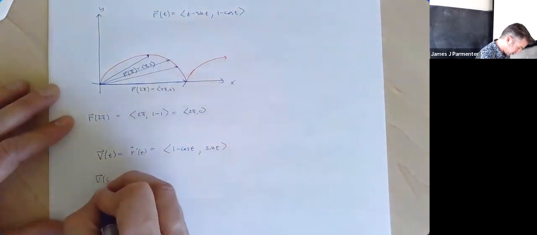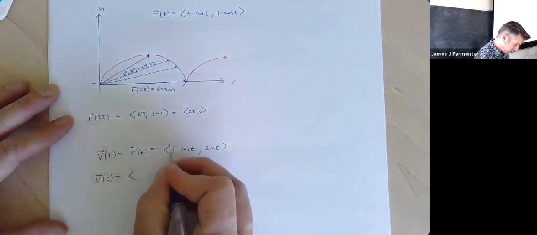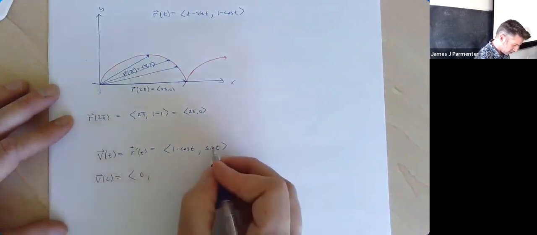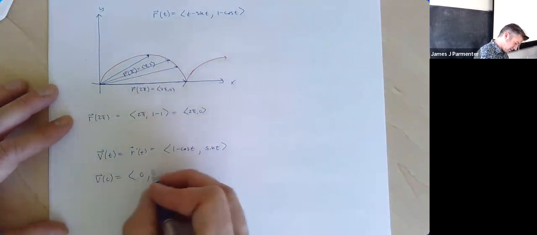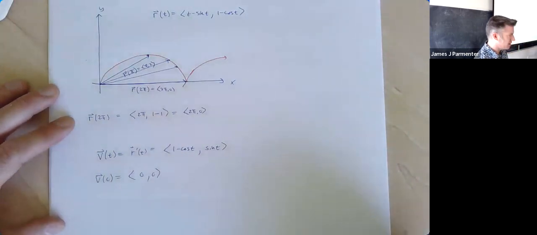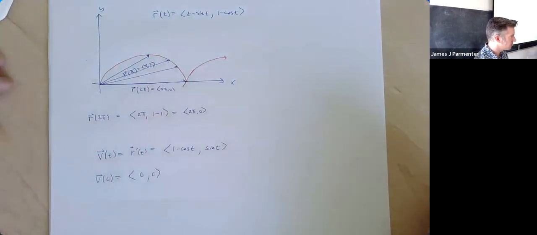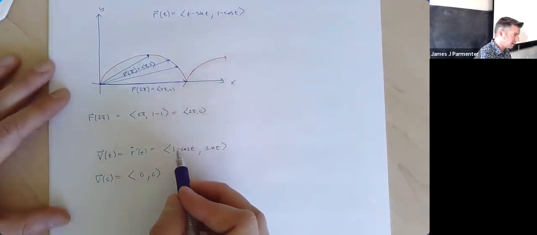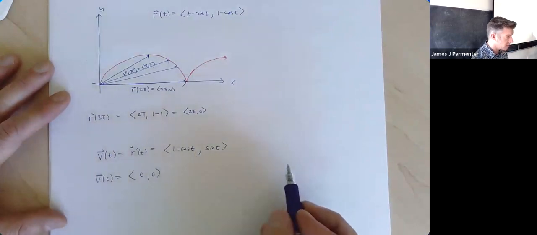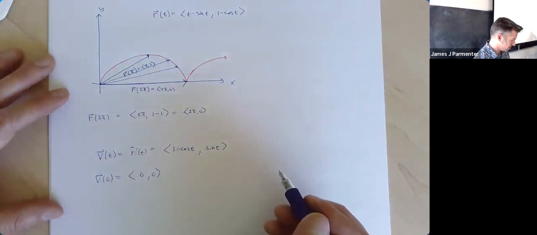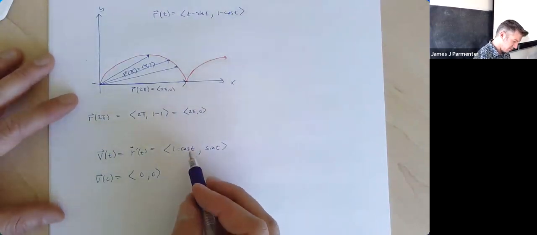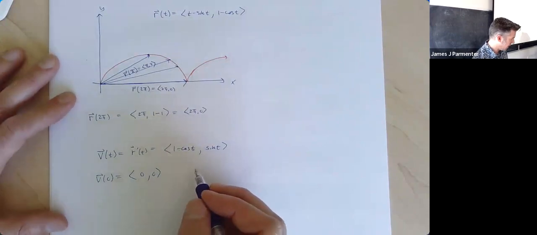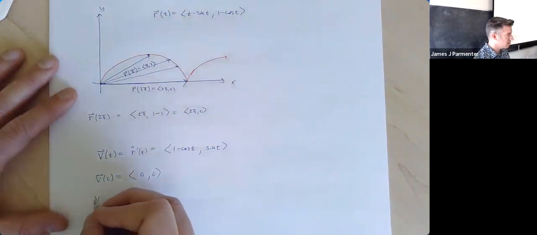The velocity at time 0 is going to be 1 minus 1, comma, sine of 0. So the velocity at time 0 is 0? Yes. How boring. Did I do my math right? 1 minus cosine, yeah, that's right. Really interesting. Is that also true at 2 pi? I think it should be.